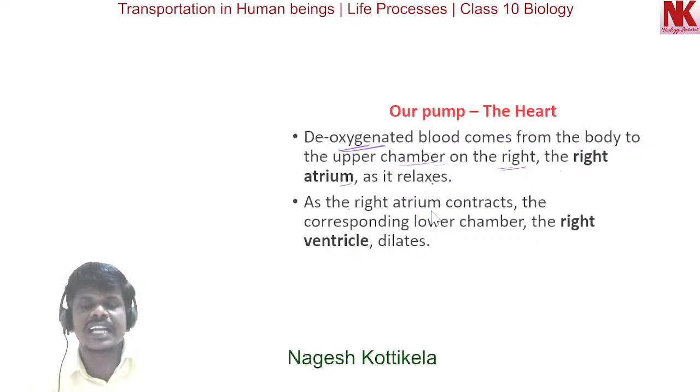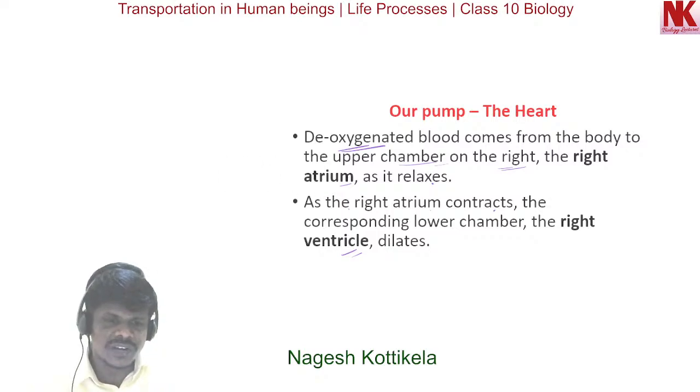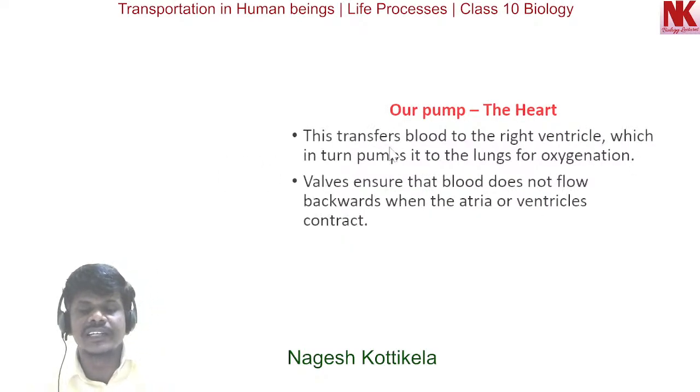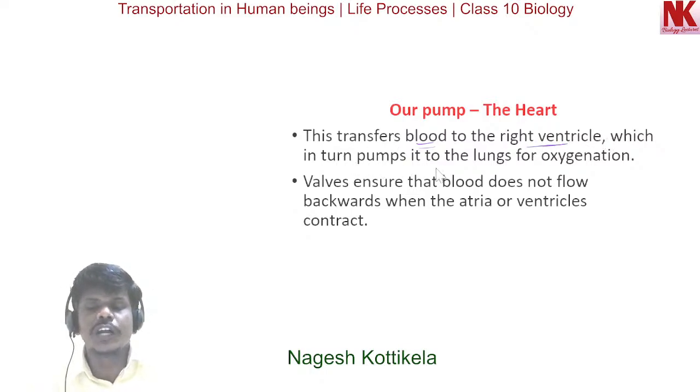As the right atrium contracts, the corresponding lower chamber, the right ventricle, dilates. This transfers the blood to the right ventricle, which in turn pumps it to the lungs for oxygenation.